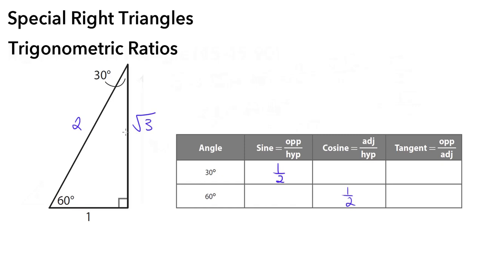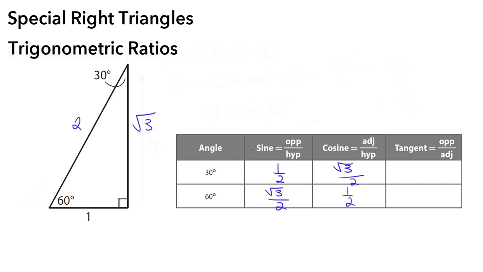So that's going to be radical 3 over 2. And this one does not need to be simplified because the denominator is not a radical. So that's it right there. It's radical 3 over 2. And again, the cosine of one angle is equal to the sine of the other angle. So then the sine of the 60-degree angle is also radical 3 over 2.